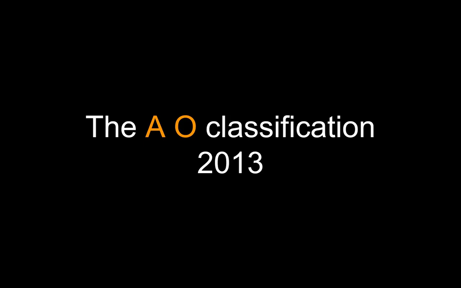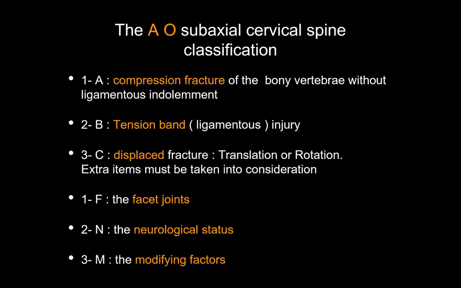Another classification is the AO classification, 2013. It's a German classification. It's a bit complex, accepted in many centers, but most centers, as we'll see, are not using it regularly.